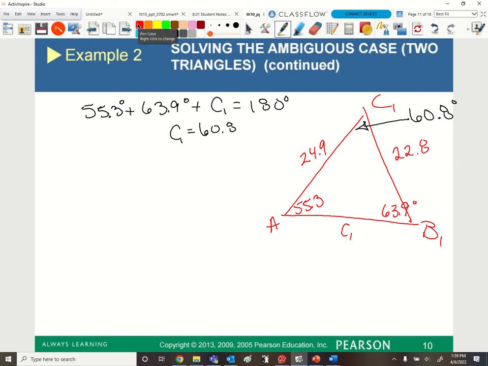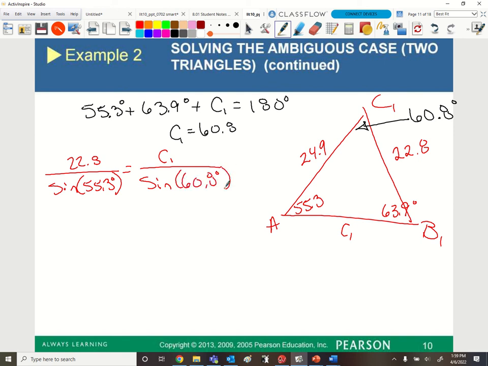So go with what I know: 22.8 over sine of 55.3 degrees is equal to c1 over sine of 60.8 degrees. Do my steps. c1 is equal to 22.8 times sine of 60.8 degrees divided by sine of 55.3 degrees.